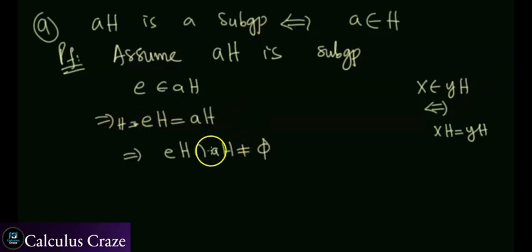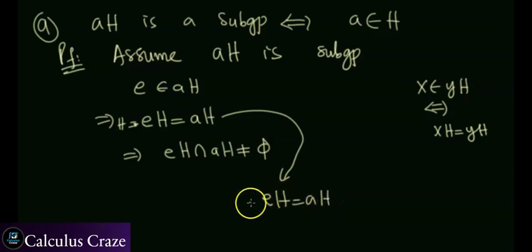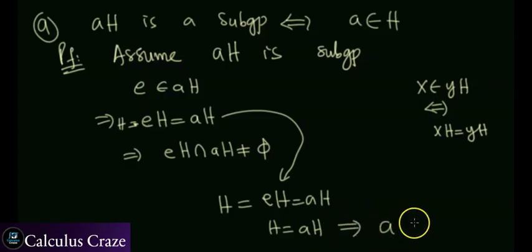So even if we don't see this, we have eh equal to ah, which is h. So h is ah, and now you can utilize the property number 2, which says that ah is h if and only if a is inside h. So this implies a is inside h, right?